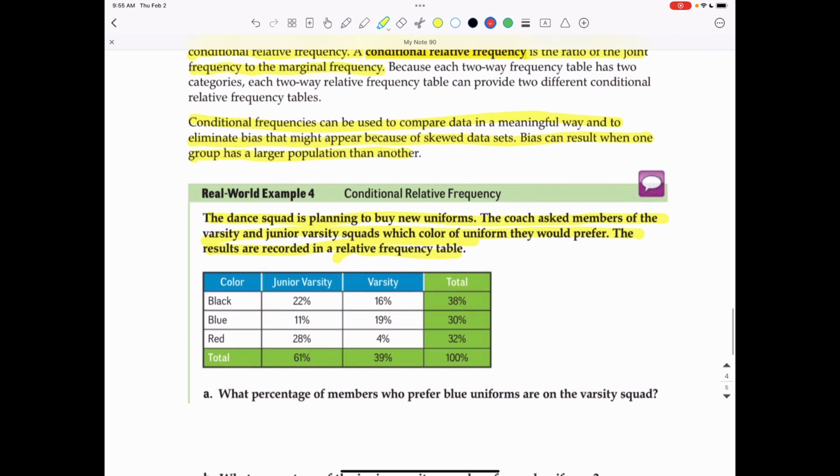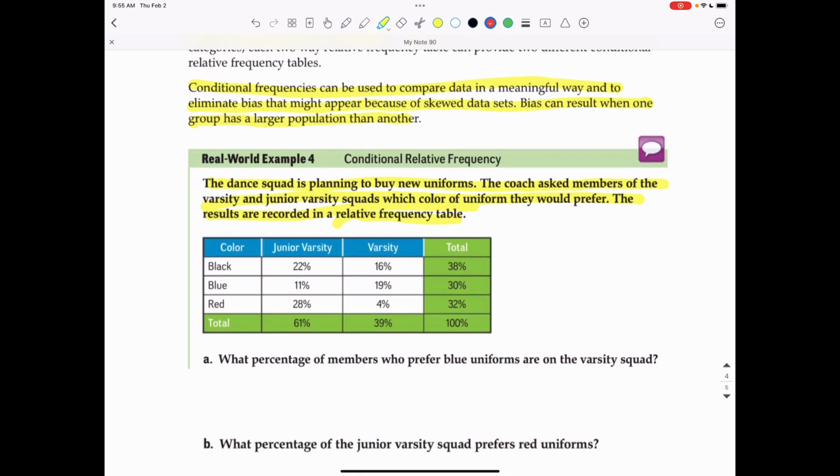So part A is, what percentage of members who prefer blue uniforms are on the varsity squad? So the number of people who prefer the blue uniforms, there are 30% of the overall total who like the blue uniforms. 19% of the overall total are on the varsity squad.